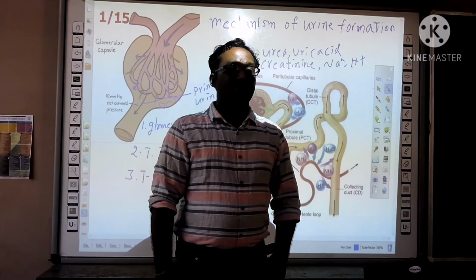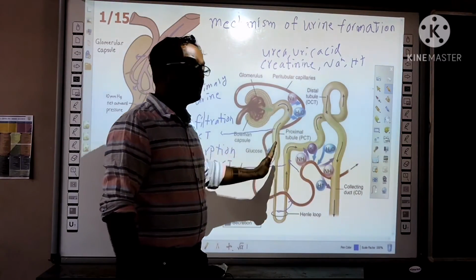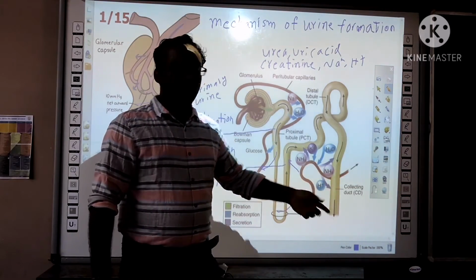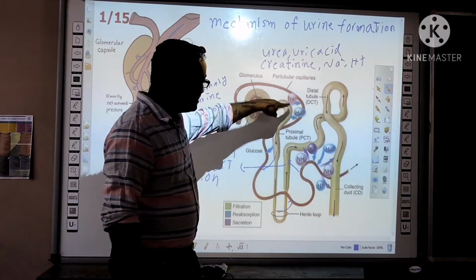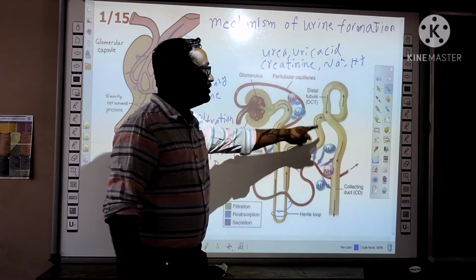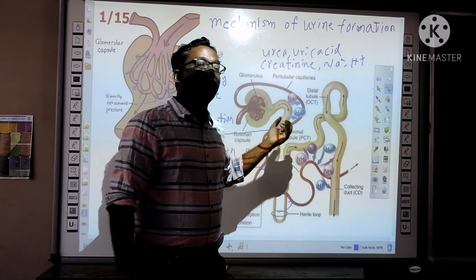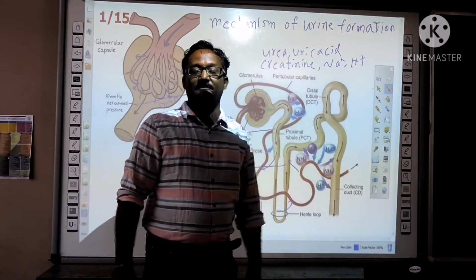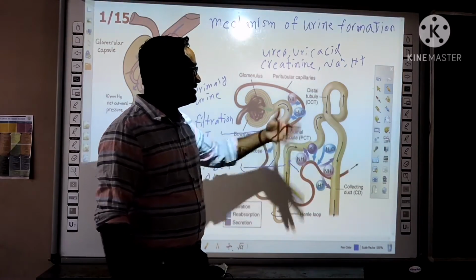That means the material moves from high concentration to low concentration through a semi-permeable membrane. The tubules, whether the peritubular network or renal tubules, are lined with a single layer of epithelial tissue that acts as a semi-permeable membrane. So through osmosis, this reabsorption and secretion takes place.